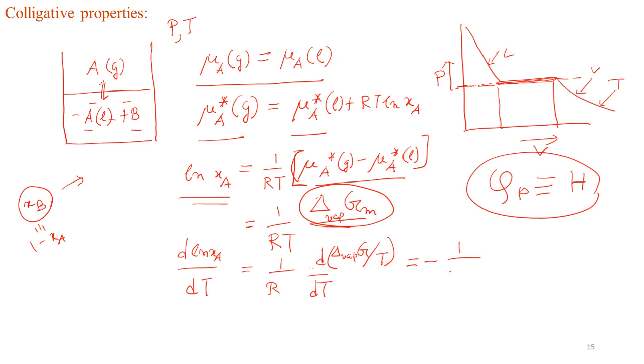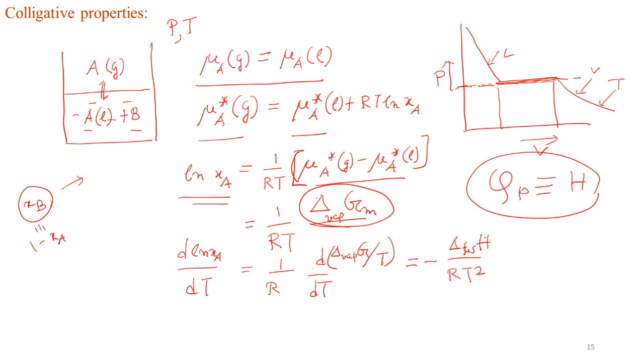So it will be 1 over RT squared and the numerator is the associated change in enthalpy of fusion.